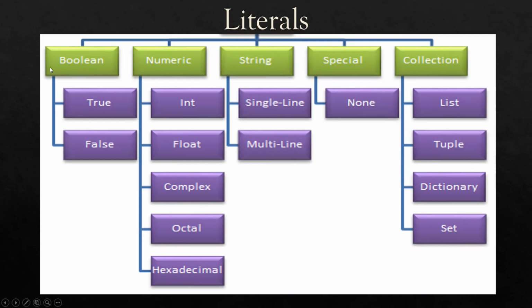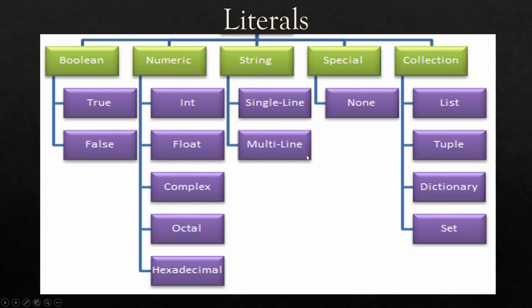Literals. There are so many literals. We will only discuss them in short over here. Boolean, something that will give you the answer or the output in true or false, is stated as the Boolean literal. Numeric, something that is in numbers: integer, float, complex, octal, hexadecimal.